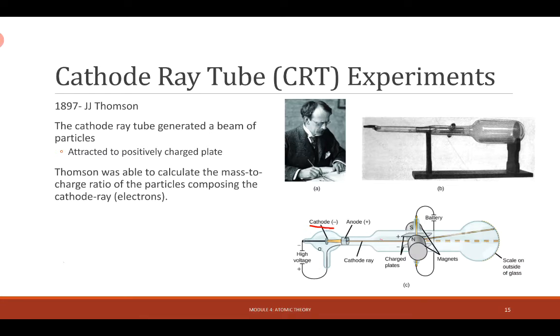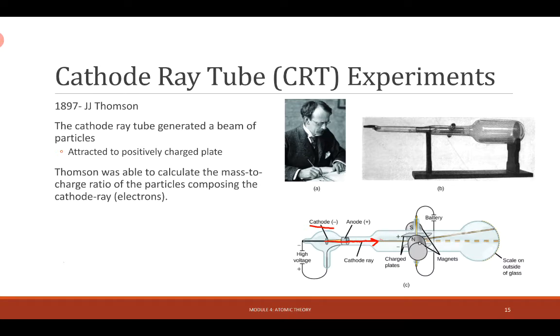They didn't understand at the time what this beam was. And so what J.J. Thomson did is he made a small slit in the anode so that some of this cathode ray would pass straight through, and then he could play with it. In this part of the tube, he lined up some magnets and also a battery so that he could apply an electric field across this.